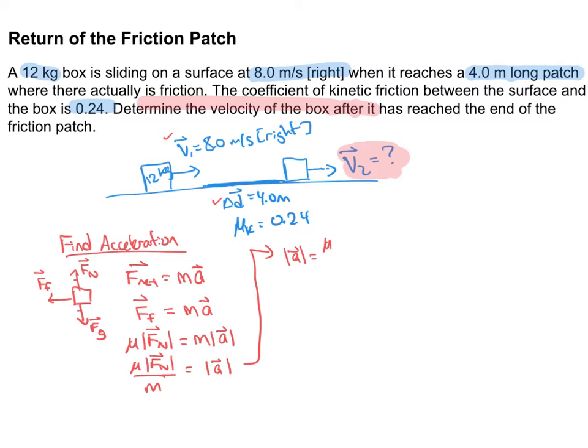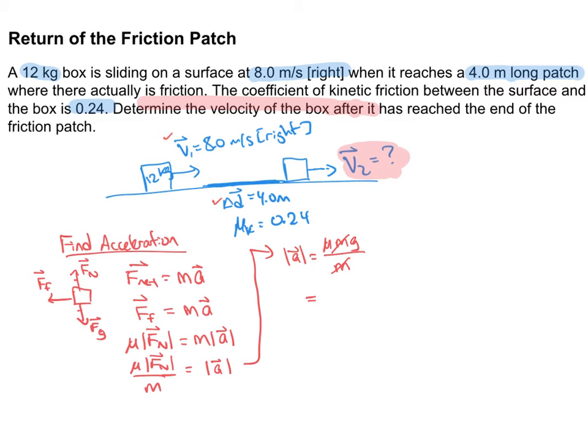That does not work all of the time, but in this case, just based on the free body diagram, that is the case. The masses can be reduced. So even though I'm given the mass of 12, even if I wasn't given the mass this time, I'd actually still be able to solve this problem because they cancel out.